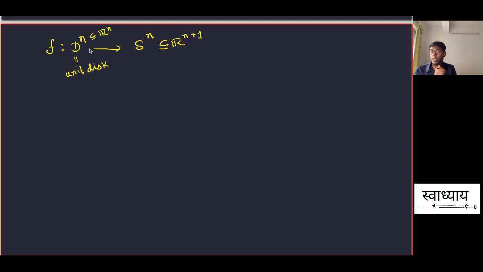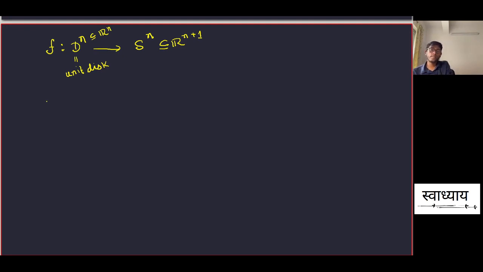So I'll define a map F from Dn to Sn, and let's say this is my unit disk. So this is in R^(n+1), and this is in Rn. So see, any point here on the disk, how can I write it?